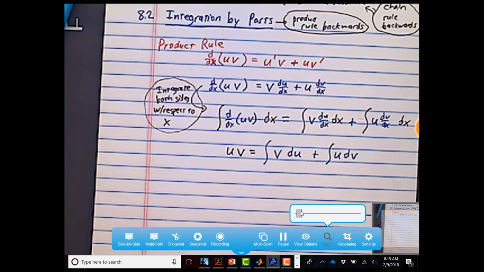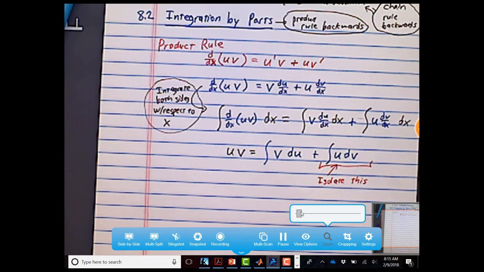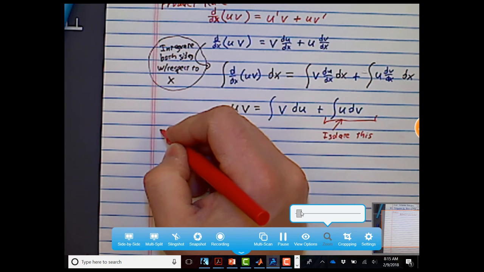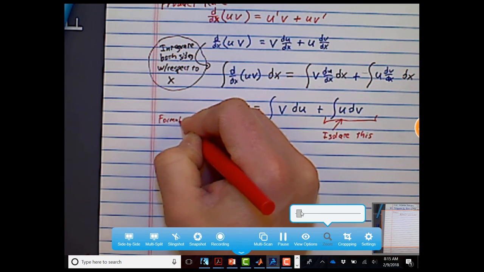Okay? And so what we do with the integration by parts formula is we isolate the integral of u dv. And we get a formula. And the formula is the following.